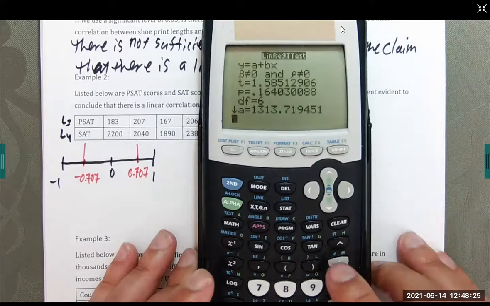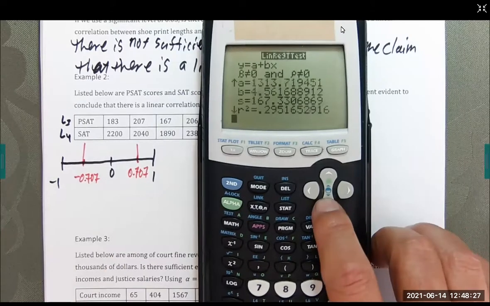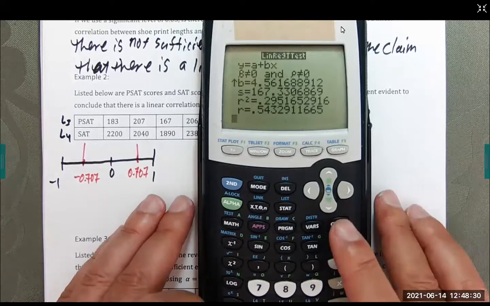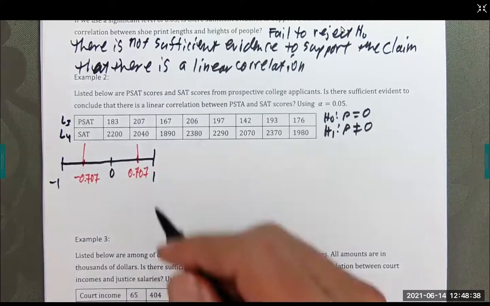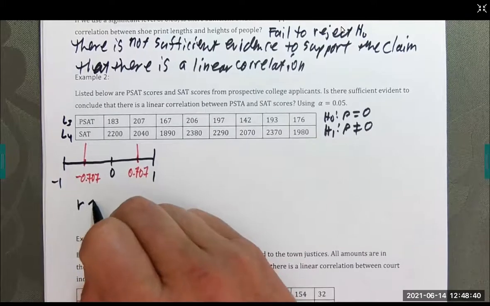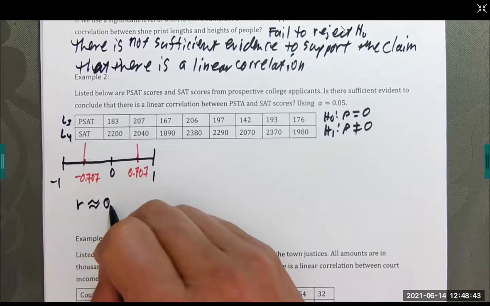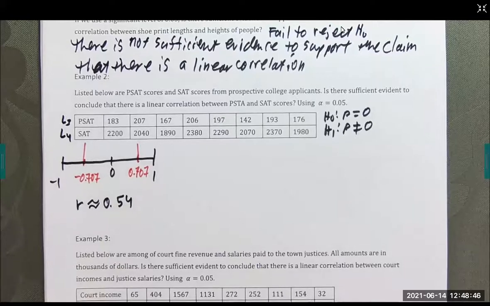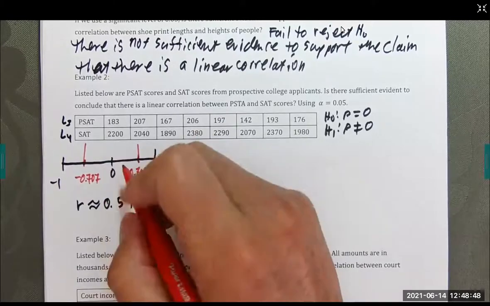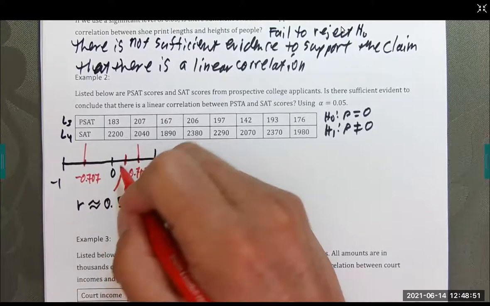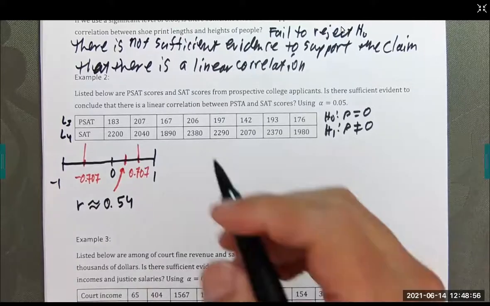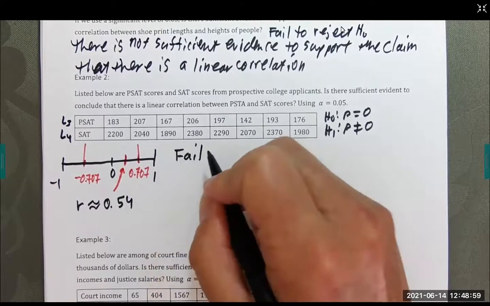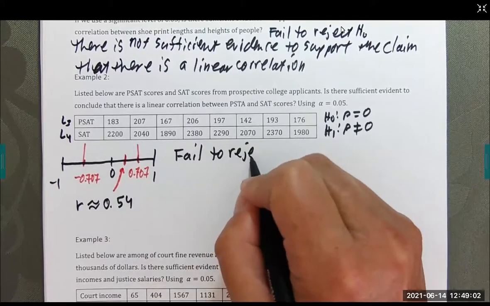And R is here, 0.54. So once again, we're in the no correlation zone. That's over here. So we are going to fail to reject the null hypothesis.